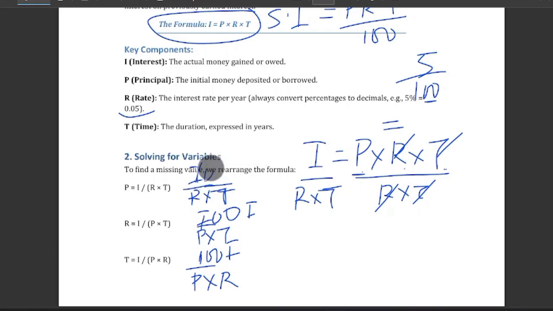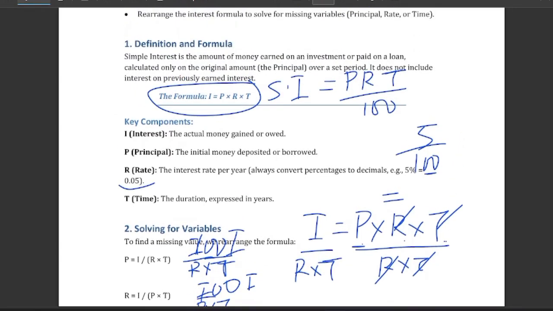So that means you are only using the figure for the rate, not the percentage. The percentage is the one that has taken the 100. In this formula, the 100 is for the rate. So if you want to apply the formula, you are not going to put 5% at the top. You only put 5, then everything divided by 100. Don't worry, I'm going to show you the example now.